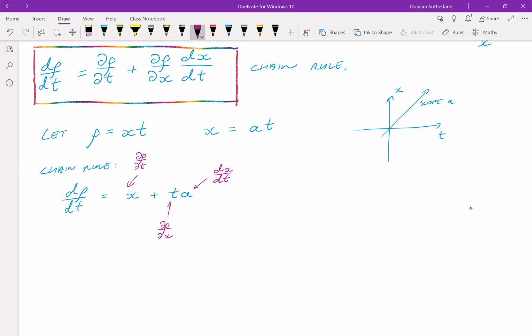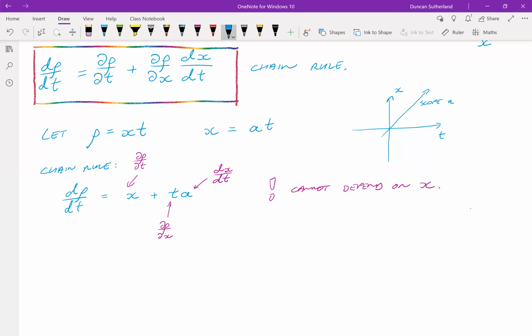Okay, now what we've actually found is a bit of a surprising expression. D rho dt as a total derivative, as an ordinary derivative, that cannot depend on x. Right, so we actually have to remove the x dependence from this expression.